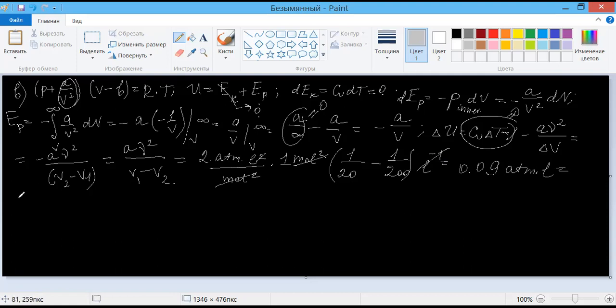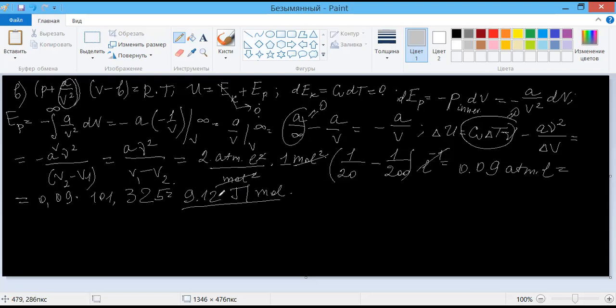And we can express it in joules per mole, and that means that it equals 9.12 joules per mole. This is the answer concerning the change in internal energy of a van der Waals gas.